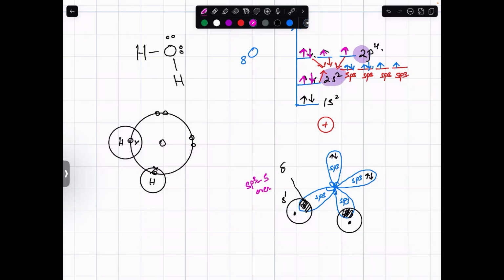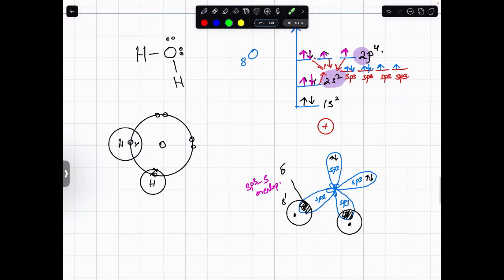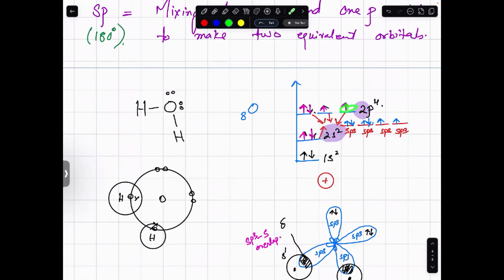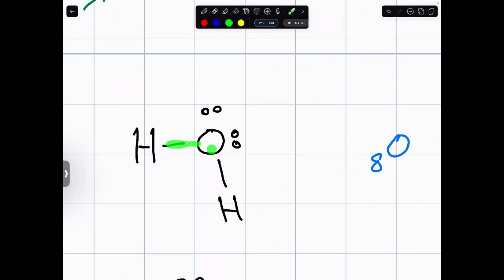Do you understand? Like in water, the oxygen is not having the p and the s orbital that are making the bond. You know, these bonds are not made by the p, they are made by the oxygen's what?